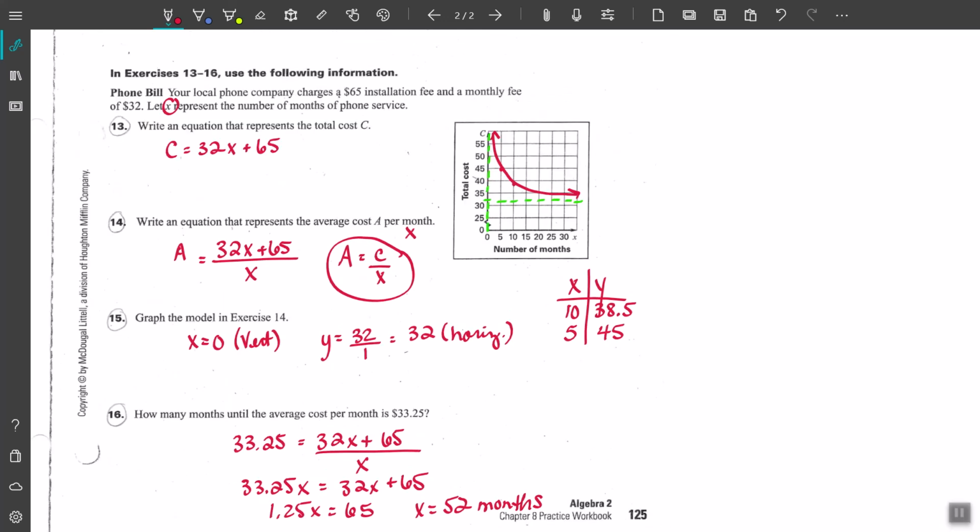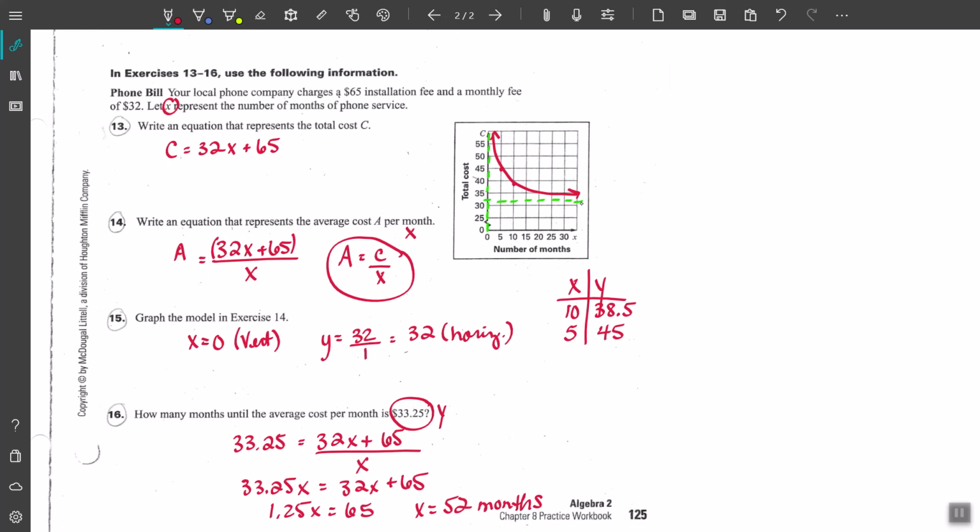And of course, another way to do number 16 would be to plug the function right here at number 14 into your calculator at y equals. You would need to put some parentheses around that numerator. And then you could graph it. You could hit the trace button and trace until y equals 33.25, and that would take you to roughly 52 months.